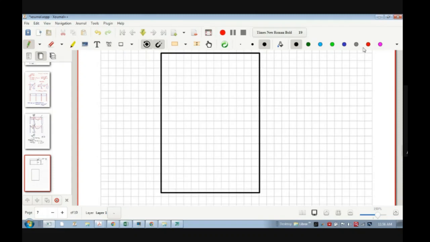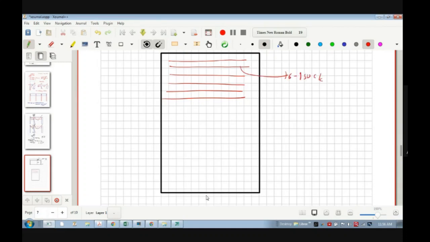And I have calculated the steel and it comes out to be uniform like this, which is 16 at 150 center to center. This is my 9 meter and this is my 12 meter. And there will be vertical distribution steel also because it is a two-way slab. And let's say this is 16 at 200, whatever design is coming here. So this is the two-way slab, flat two-way slab design.